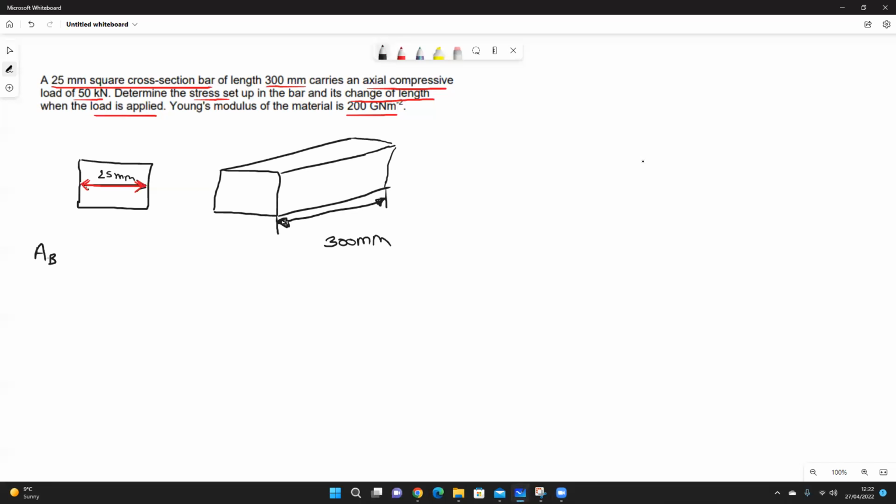So area of the bar would equal 25 multiplied by 25. That should then give us an answer of 625. Do remember the units are millimeters squared, as stated within the question.